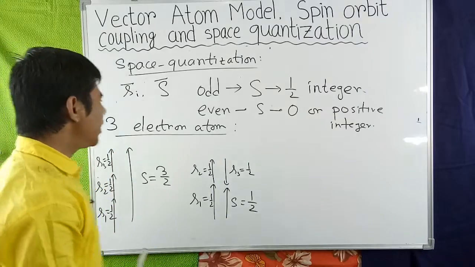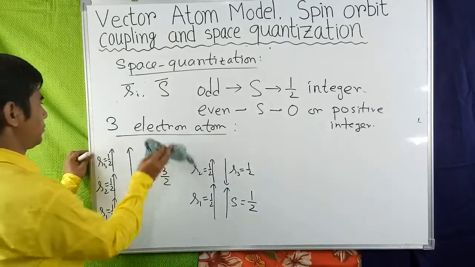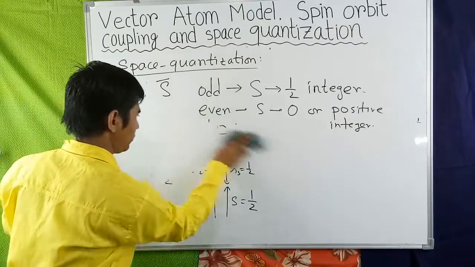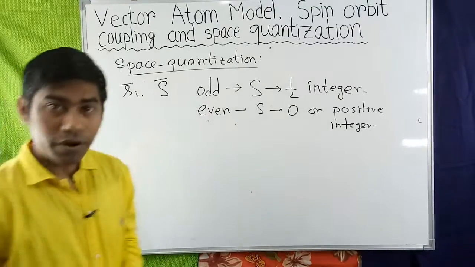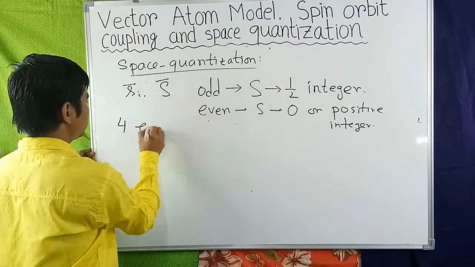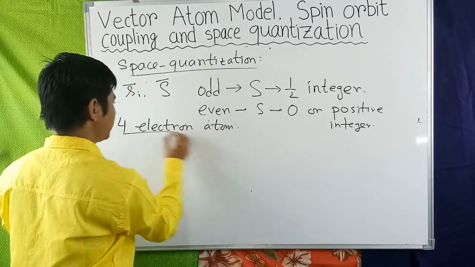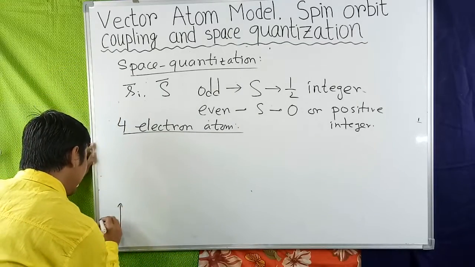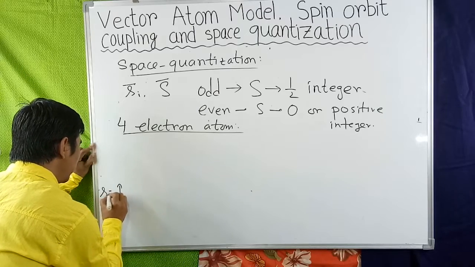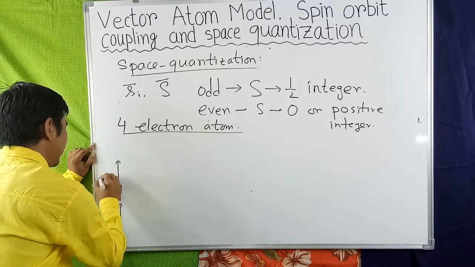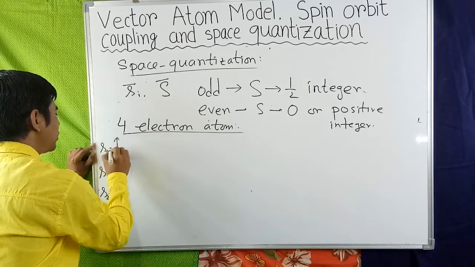Now we discuss a 4 electron atom. For a 4 electron atom, suppose this is S1 equals to half, this is S2 equals to half, this is S3 equals to half, and this is S4 equals to half.